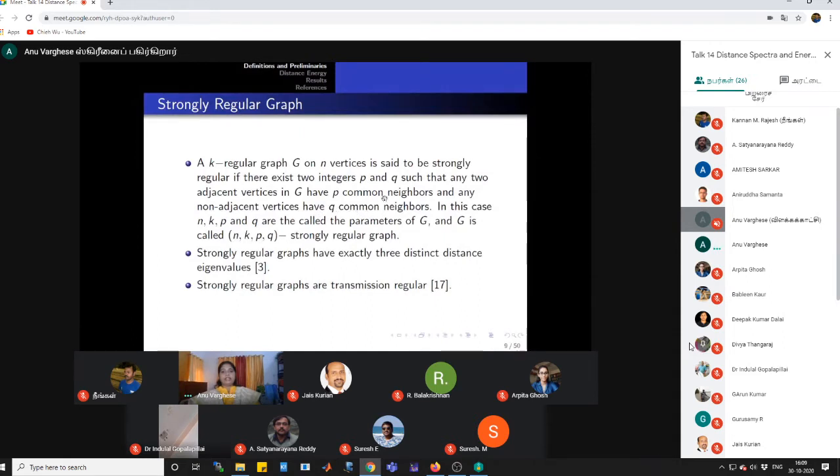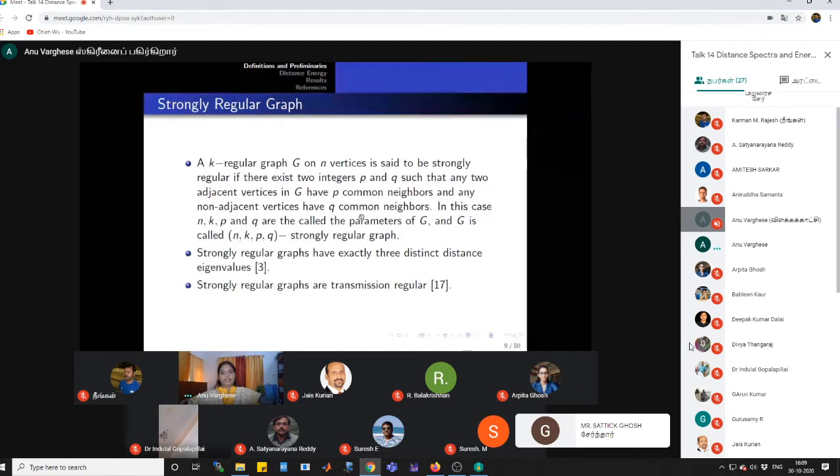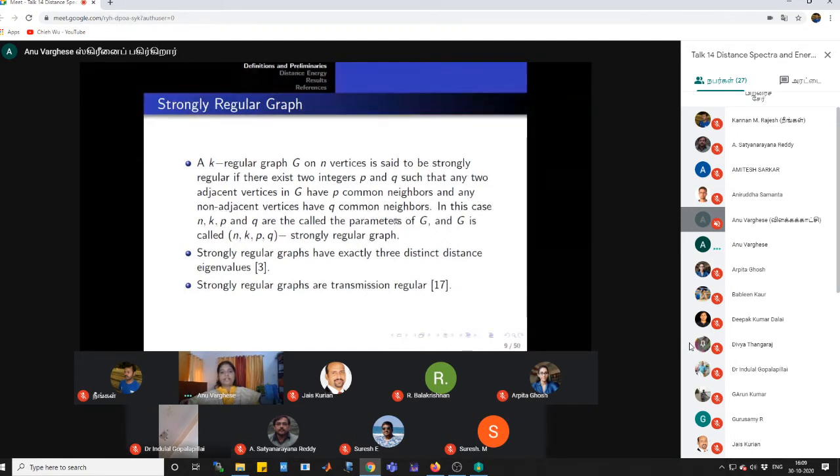That is, the number of common neighbors of adjacent vertices is a constant, p, and the number of common neighbors of non-adjacent vertices is a constant, q. Then we say that the graph G is (n, k, p, q) strongly regular.